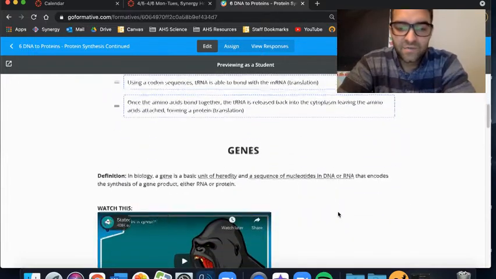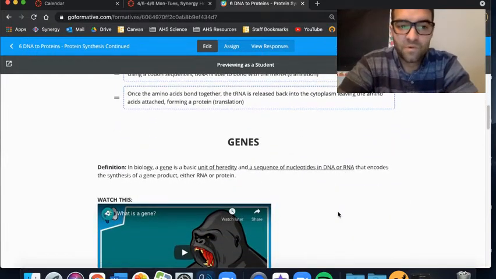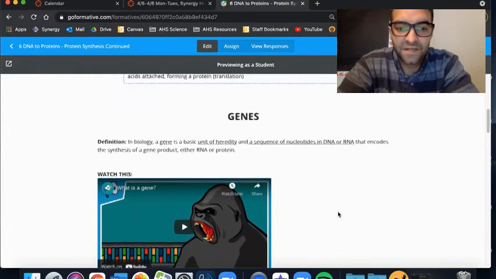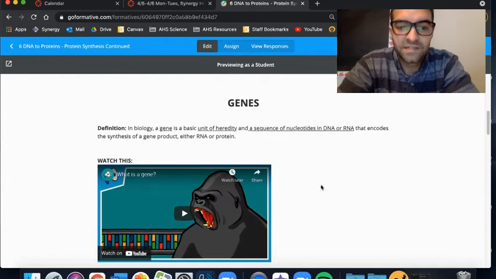Then, as we focus more on how our genetic code creates these customized proteins, to understand that better, we really need to look at genes. I've got the formal definition here, but in biology, a gene is a basic unit of heredity, right?